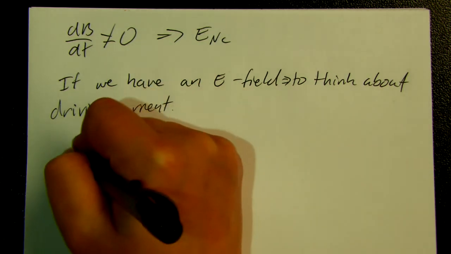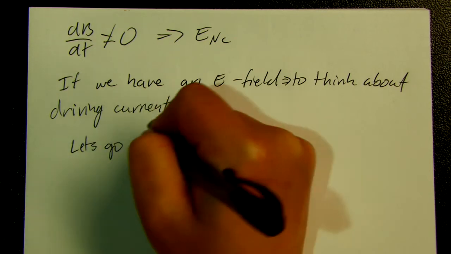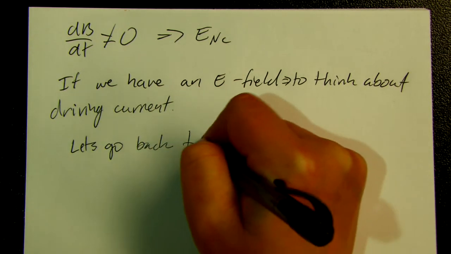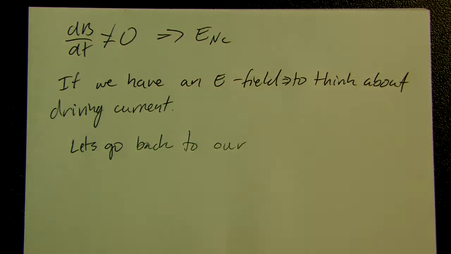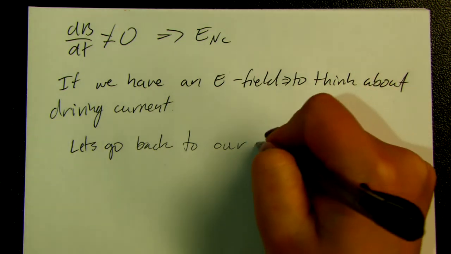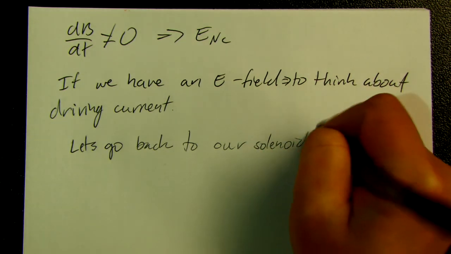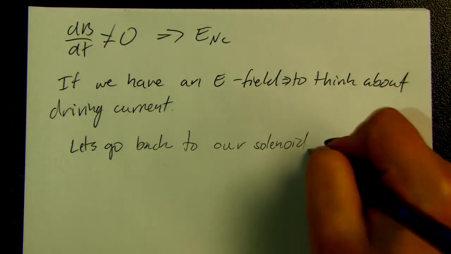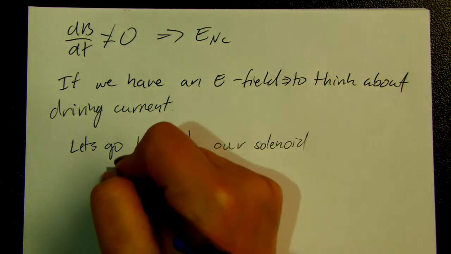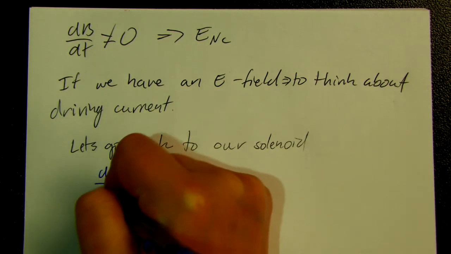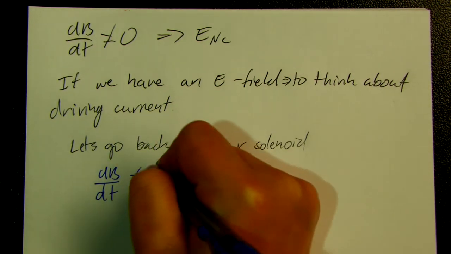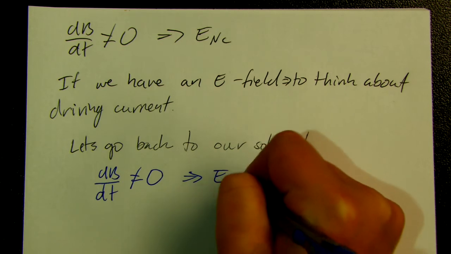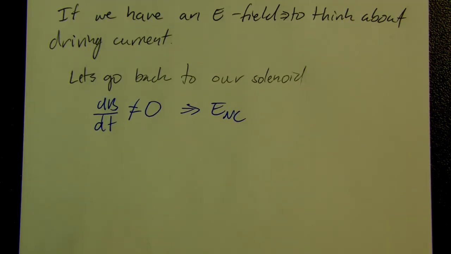So let's go back to the solenoid, which is really going to be our best friend in this chapter. So we have a solenoid, we have a time-varying magnetic field, so thus we would have an electric field being produced around it.